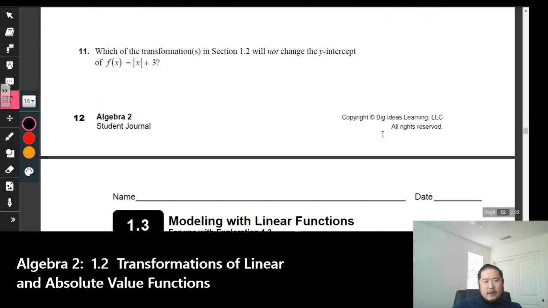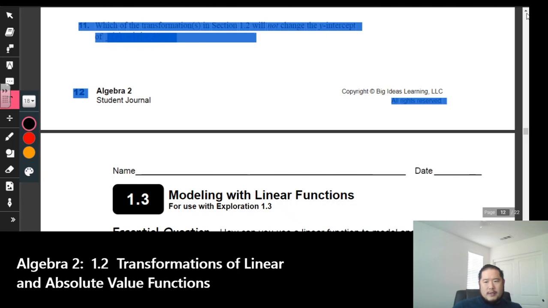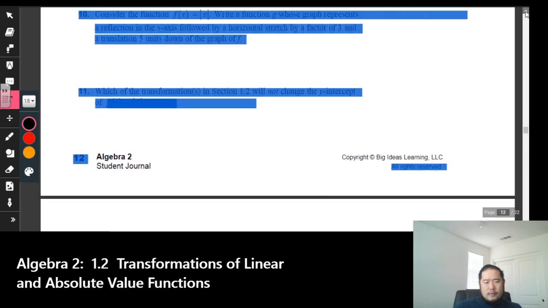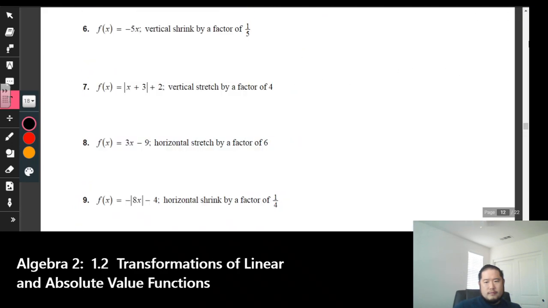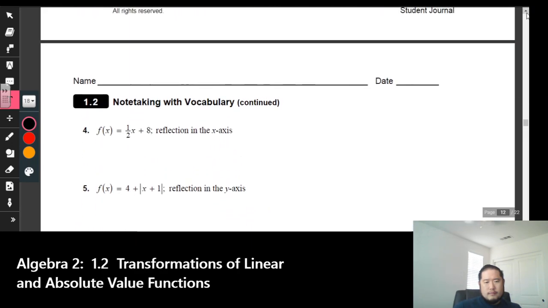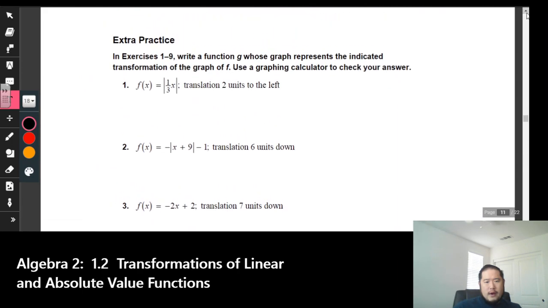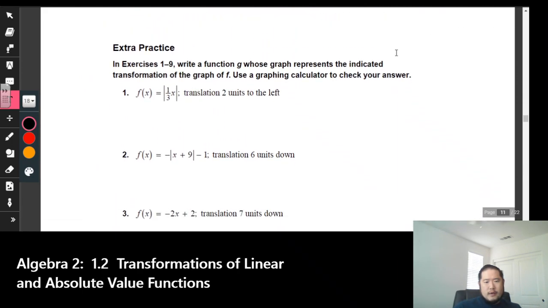All right, so let's take a look at a few problems here, a few examples, and figure out what's going on in the extra practice. For number 1 right here, they're asking you to write the function g whose graph represents the indicated transformation of f.